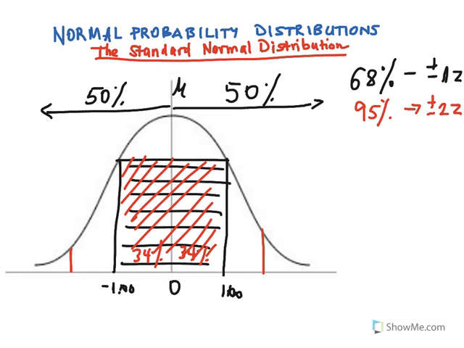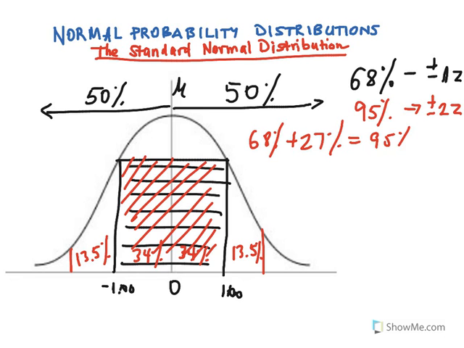This 27 more percent is divided in two since the distribution is symmetrical, so we have 13.5% here and 13.5% here. So 68% plus 27% will equal 95%. This 27% divided by 2 is 13.5% each, one half here and the other half here.